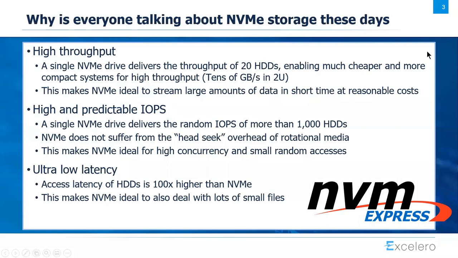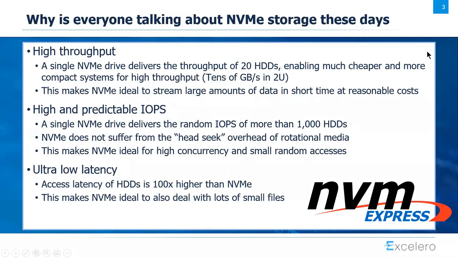The other advantage of NVMe drives are the high and predictable IOPS. As most people in the audience probably know, classic spinning disks suffer from the problem of the head seeks. That means for highly concurrent access, they get really slow and unpredictable because the head has to seek around all the time on the spinning platter.